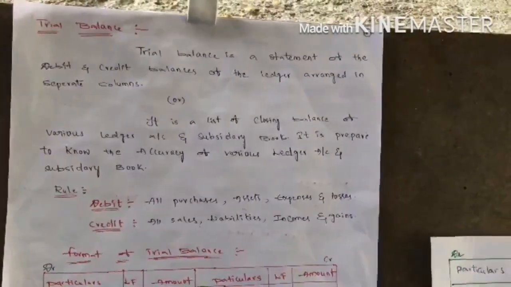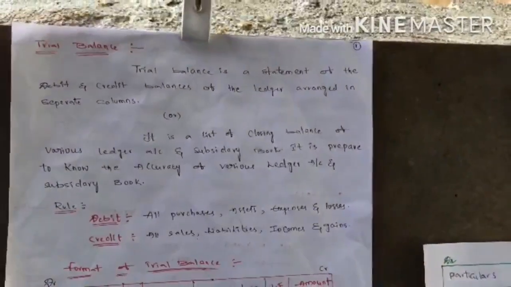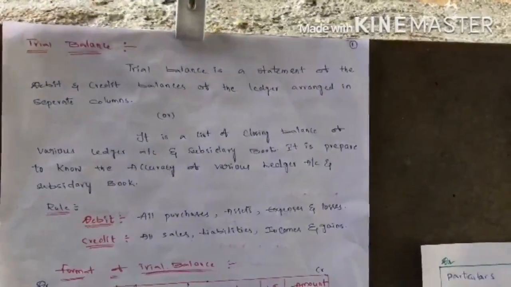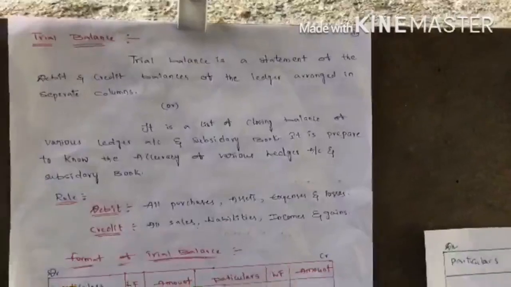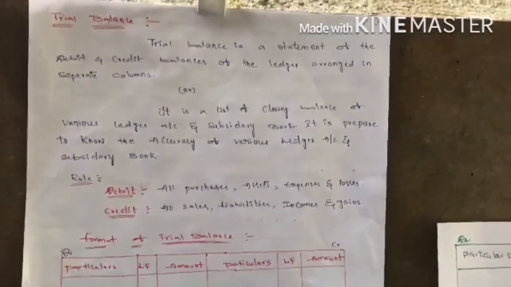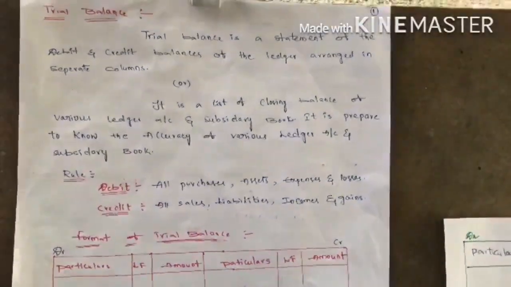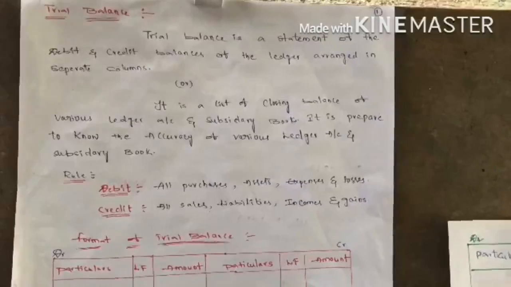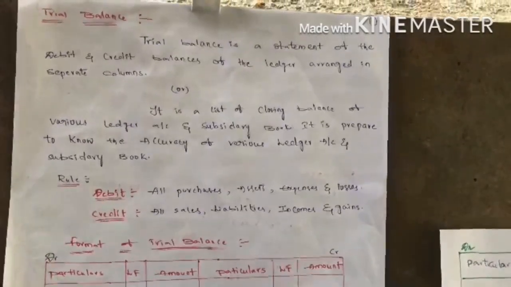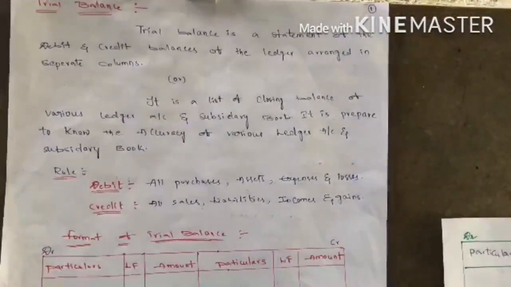The trial balance is prepared by using all closing accounts of the ledger. Through this we can prepare the trial balance. In this trial balance, or any account, two columns will be there, debit and credit balances. In this trial balance, we tally the debit and credit balances.